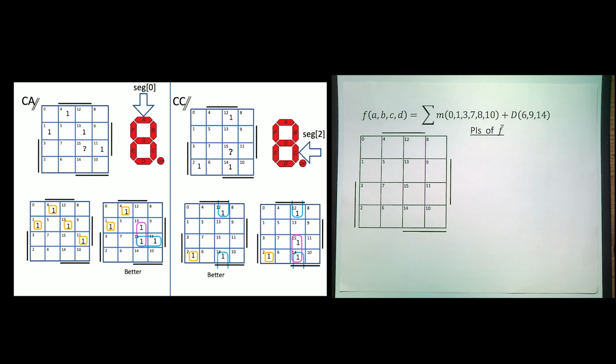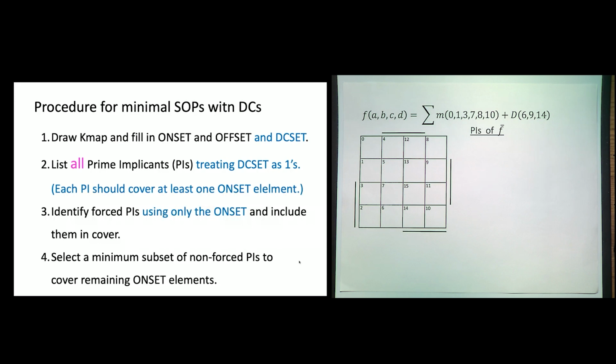So when we do our procedure to get our expressions, we have to consider both cases. We can decide that the don't cares are 0s, or we can decide that they're 1s. So what does that do to our procedure? This is our new procedure for sum of products with don't cares. Fill in the onset, the offset, and now we have a third set. Some of the cells could have question marks, which means that we get to decide.